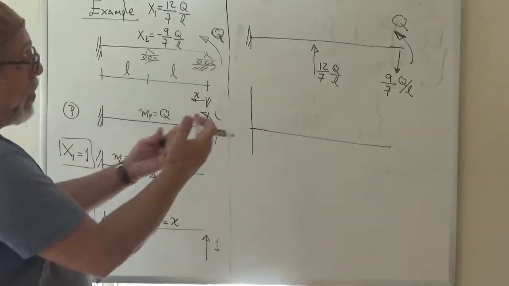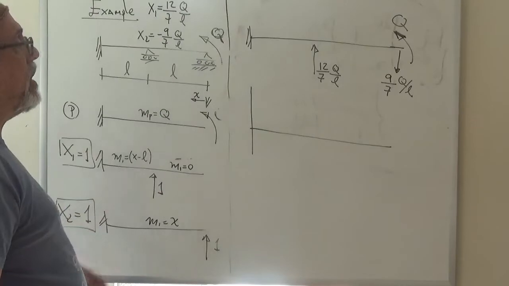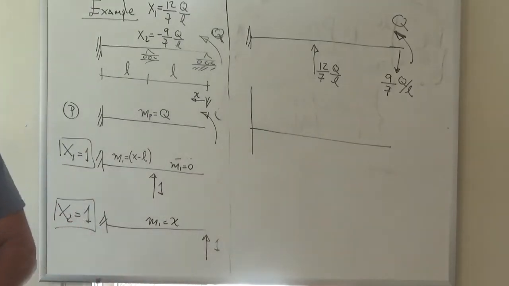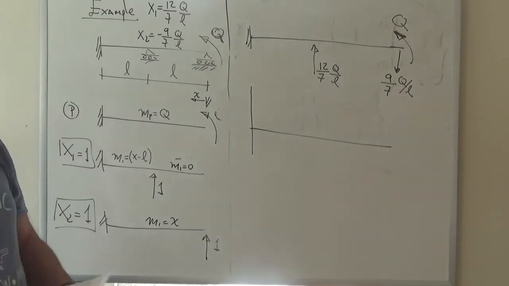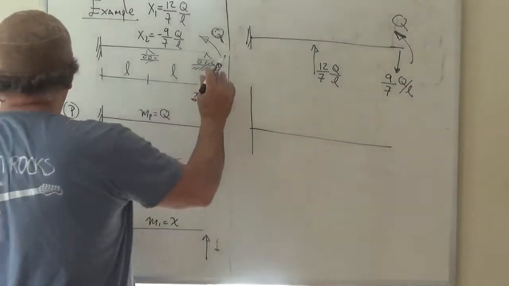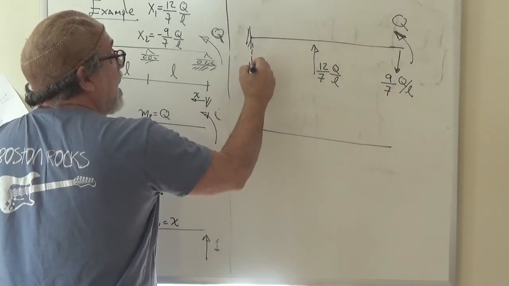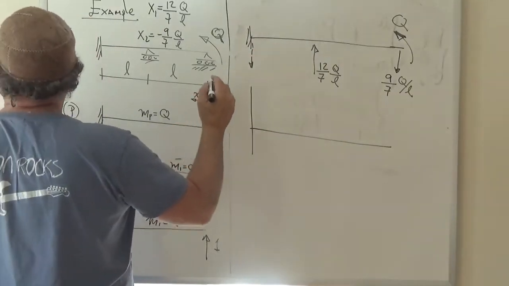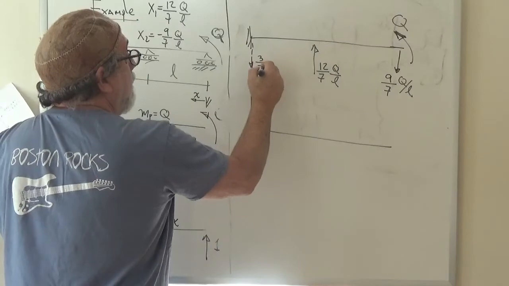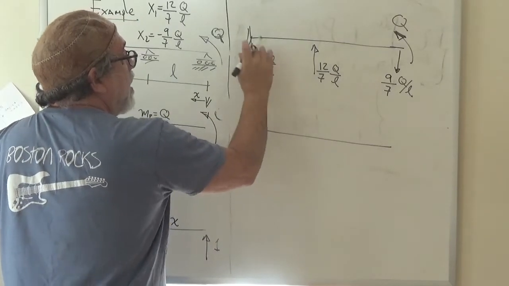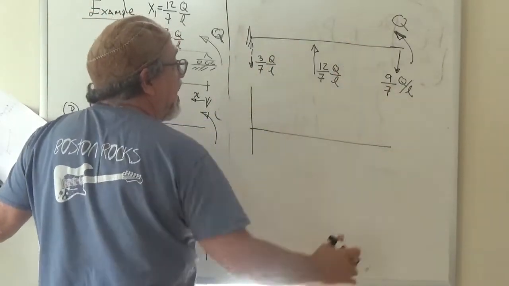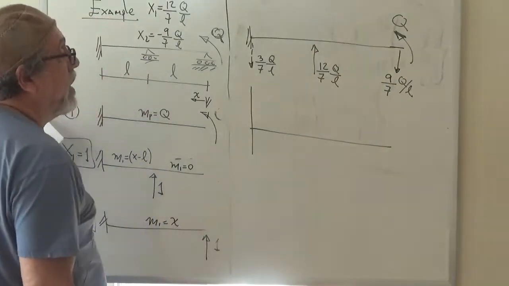There is no need, I could have done it from the left to the right, but I'm just going to be very clear by saying, okay, I'm going to calculate the reactions. So from the sum of the forces in the y direction, you find that over here there has to be a vertical reaction, which is 3/7 of Q over L, right? 3/7 down plus 9/7 down is 12/7 up, right?